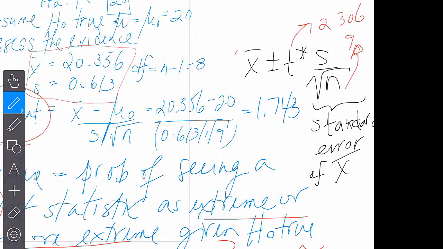What? You guys didn't get it yet? You can't calculate the confidence interval?